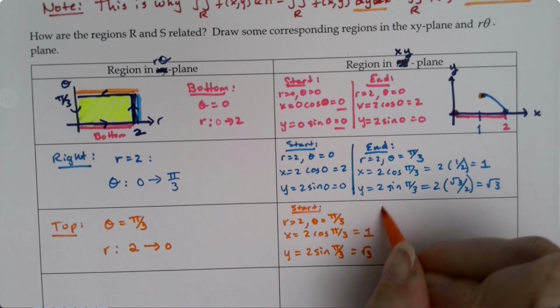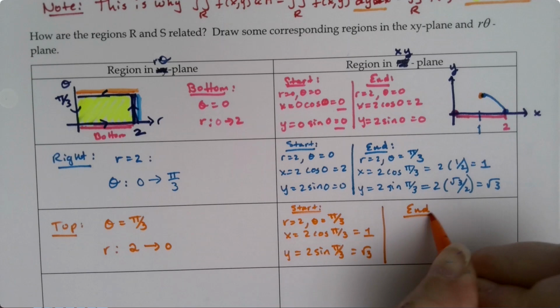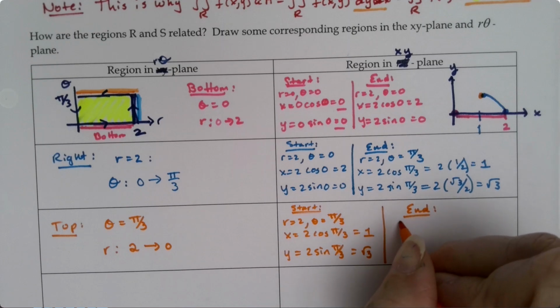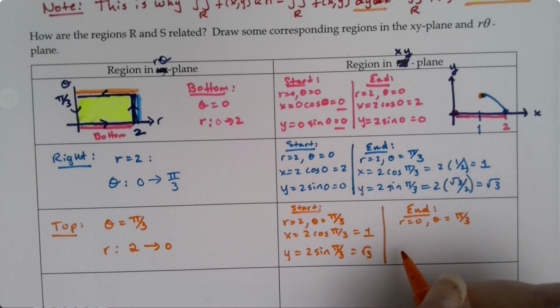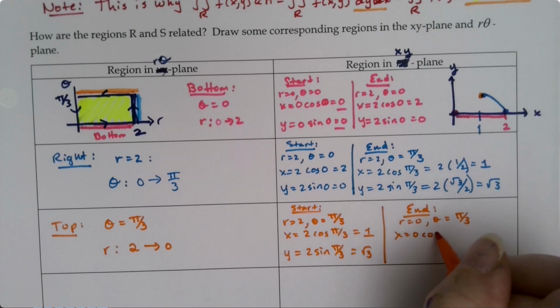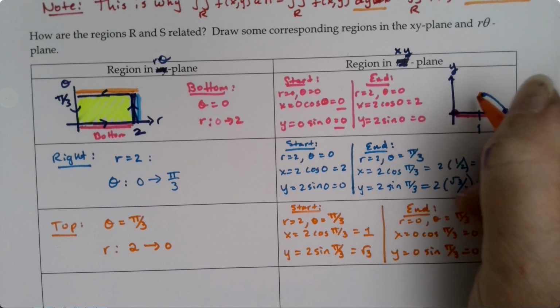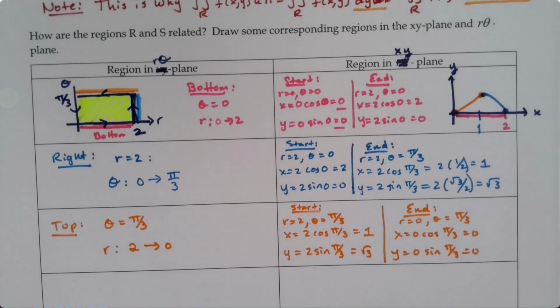Now, where are we going to end? At r equals 0, theta equals pi over 3, which means we end at (0, 0). x equals 0 cosine of pi over 3, which is 0. y equals 0 sine of pi over 3, which is 0. So we're going to go straight back to that.